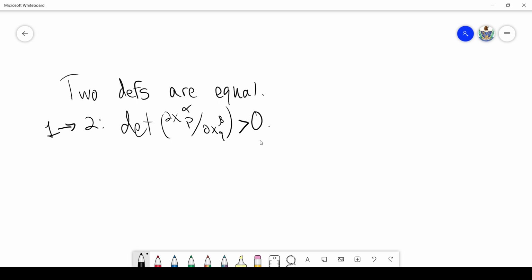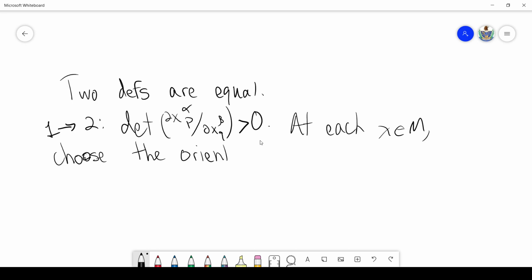So what we're going to do is, at each x in M, choose the orientation class given by Rn.